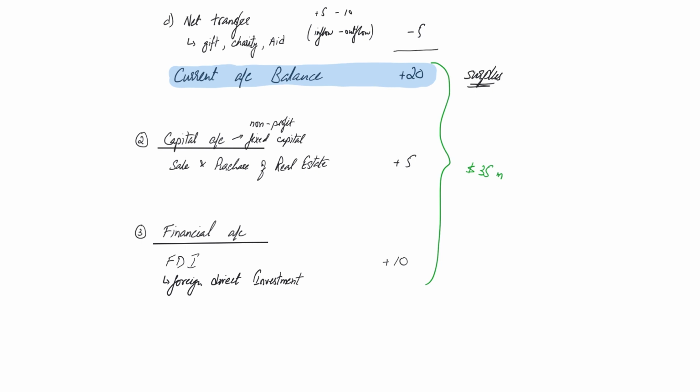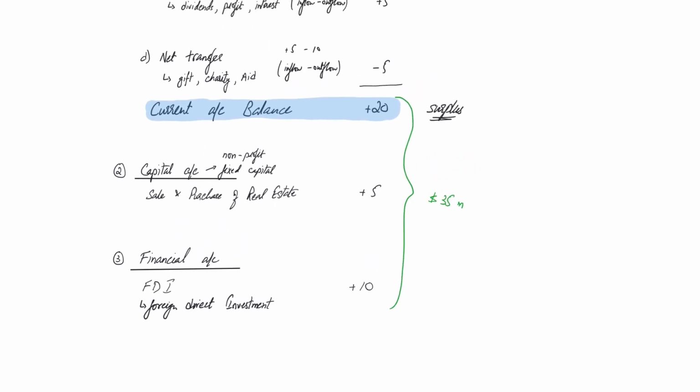So you have about 35 million coming into the country, which is a good thing. But the problem with this is inflow is greater than outflow. So more money is coming in than money is going out.